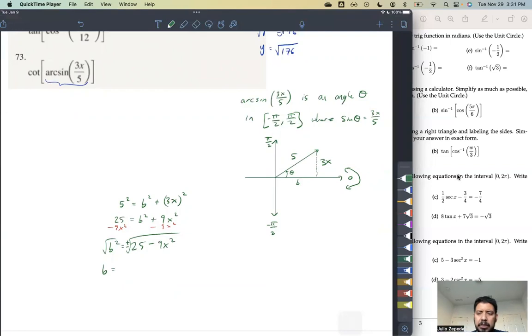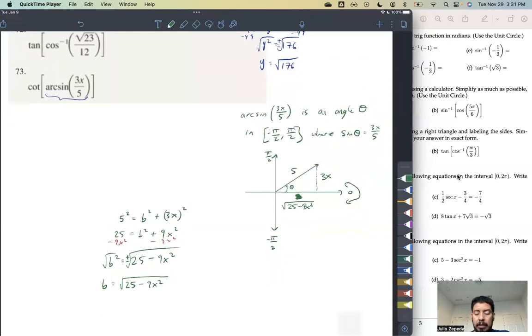But since b is to the right, then we'll take the positive square root, 25 minus 9x squared. And so let me cross out this little b. The square root of 25 minus 9x squared is the length of the other side.